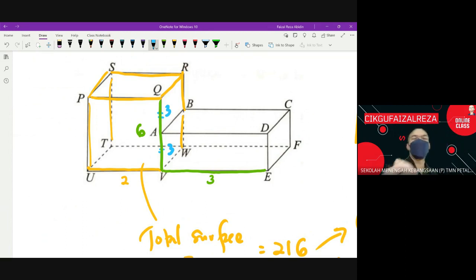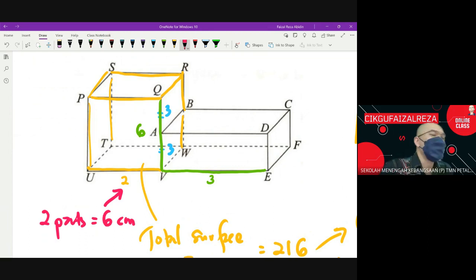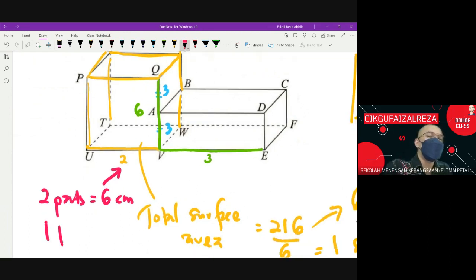So just now, you know that the ratio over here, 2 parts is going to be 6 centimeter. If I want to find one part, one part over here is 3.